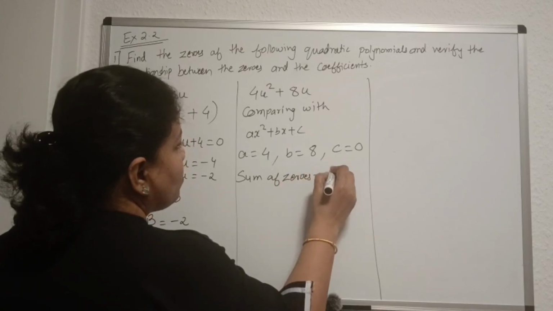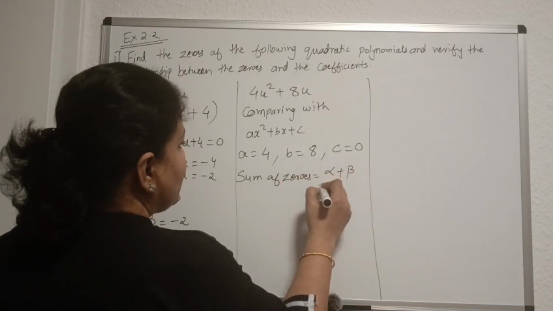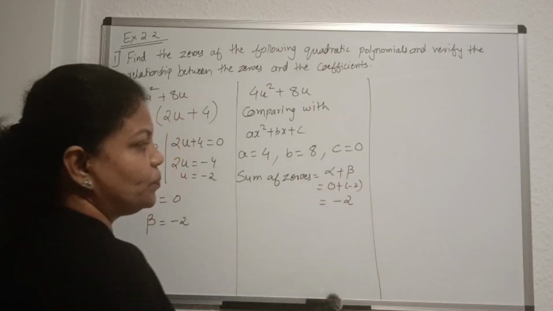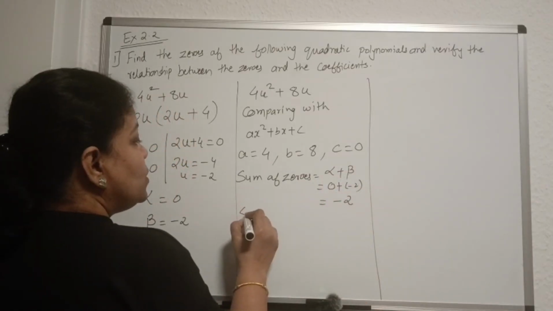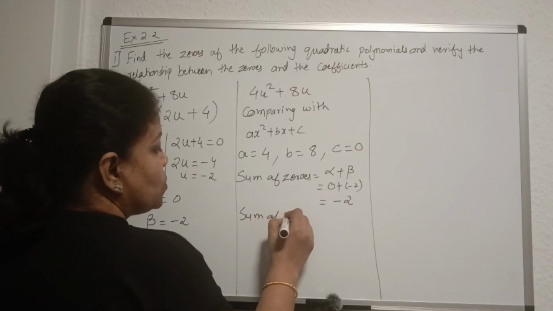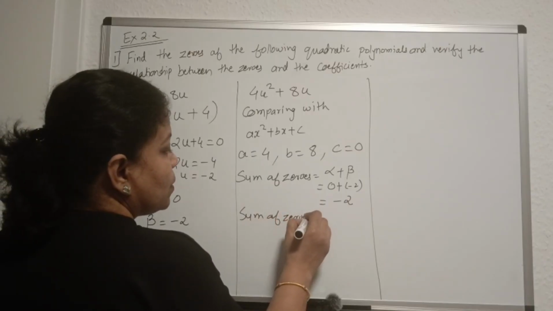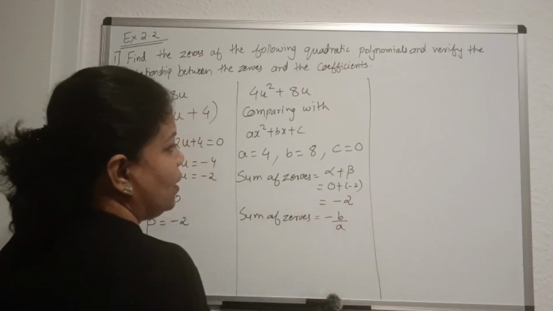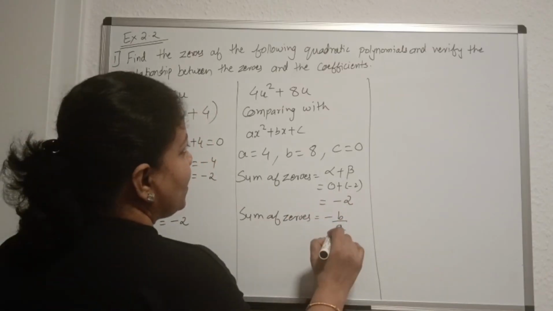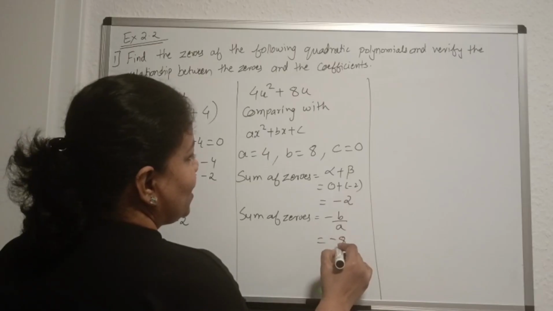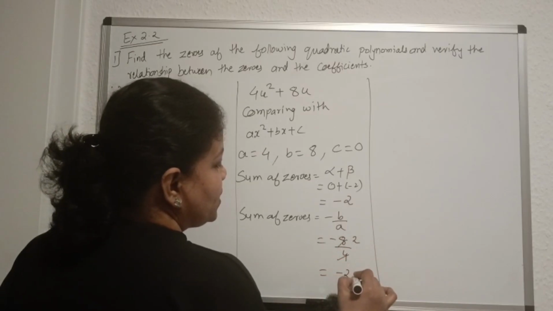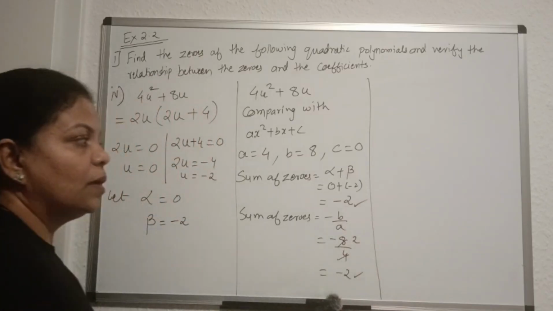Okay, so the first relationship is the sum of zeros. If you sum alpha plus beta, it will be 0 plus minus 2. Answer is minus 2. And if you do the same by formula, the sum of zeros is minus b by a. Minus b by a will give minus 8 by 4. That will get cancelled and you will get minus 2 itself. It is the same.